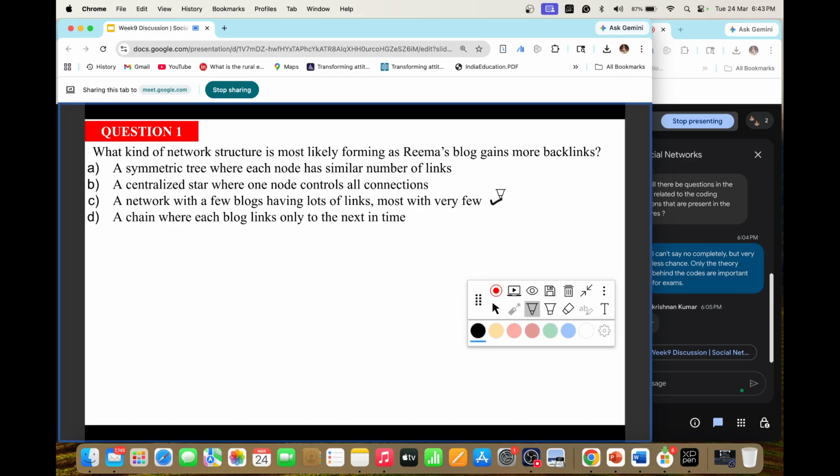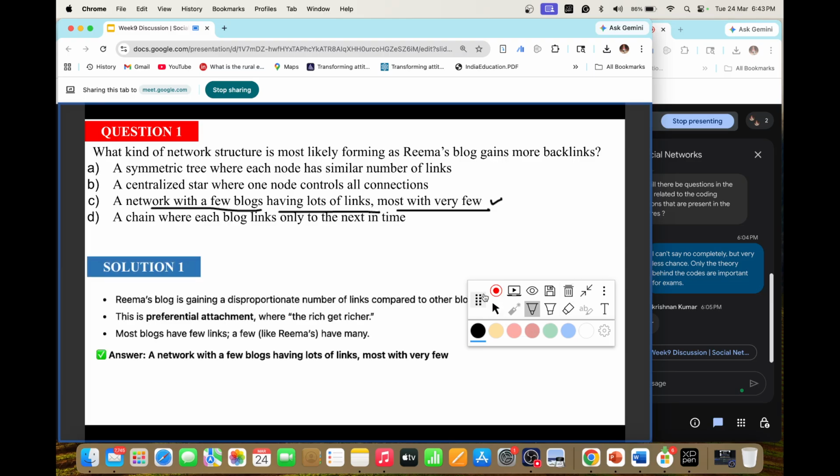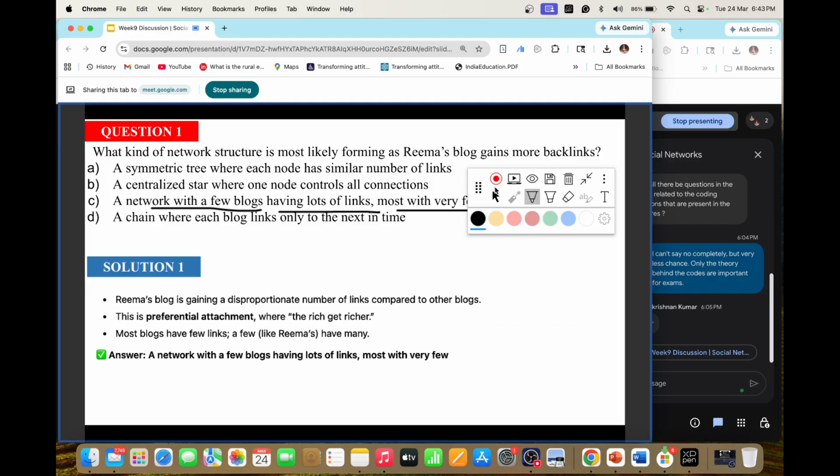A network with a few blogs having lots of links and most with very few, like Rima's one will have lots of links, and the other ones will have very few links. Okay, so Rima's blog is gaining a disproportionate number of links compared to other blogs. This is preferential attachment where the rich get richer phenomenon is observed.